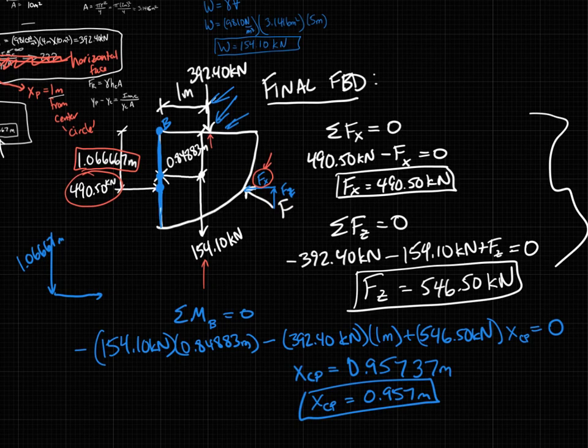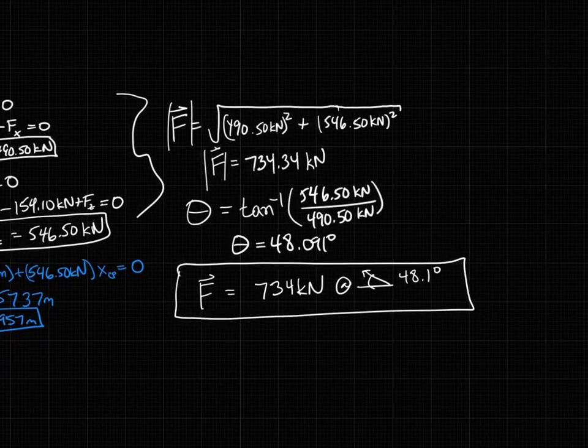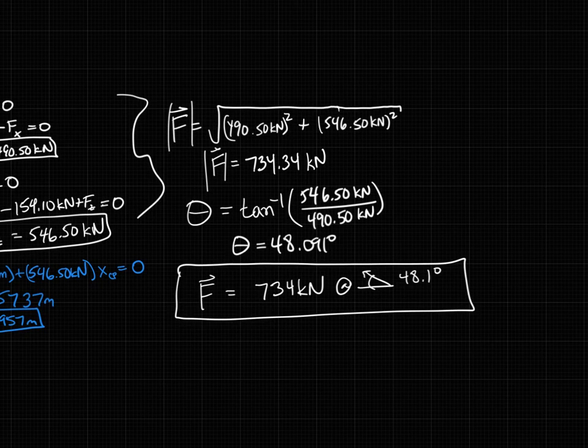All right, let's solve this. Just doing the algebra, XCP is 0.95737 meters, or 0.957 is what we're going to report. I'll add that in there. So where is it acting?